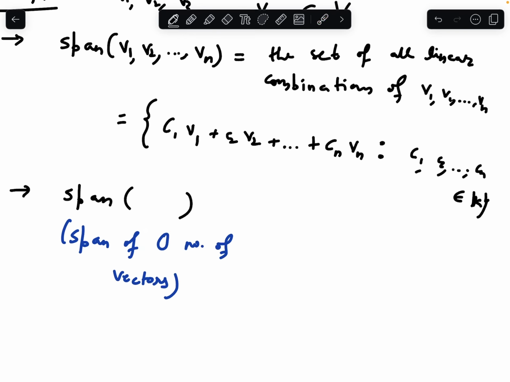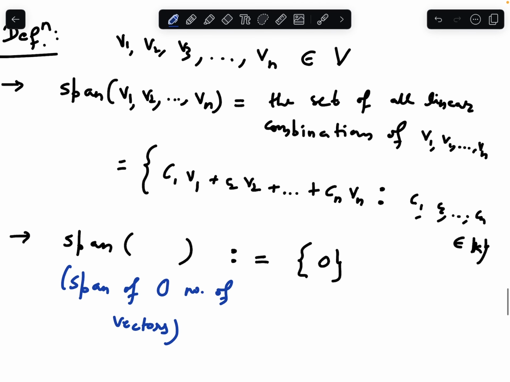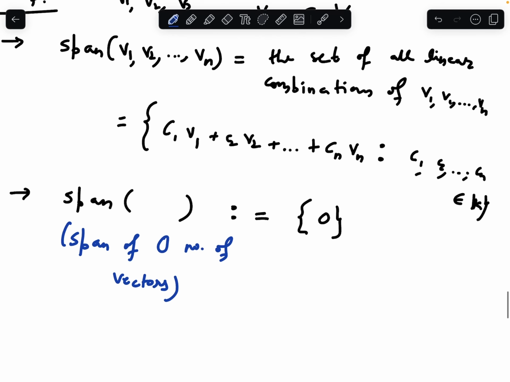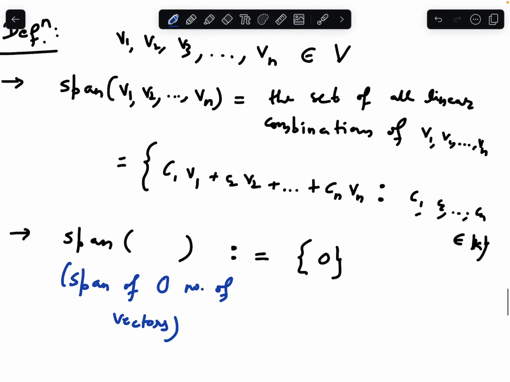So we define this as the zero space, right? So zero space is actually a vector space. We define it as the zero space. So span of empty set or span of zero number of vectors is the zero space. Now let's note one thing.